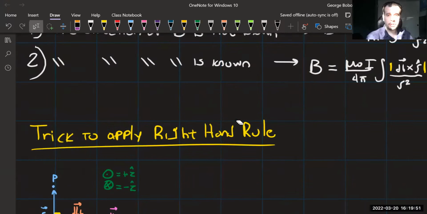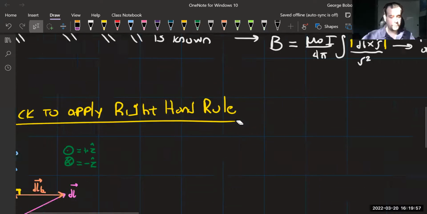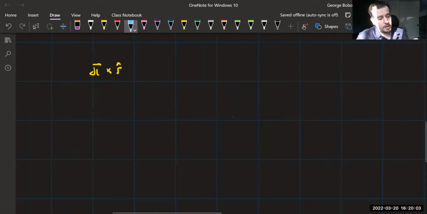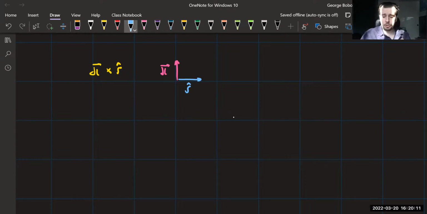Now, a little trick to apply the right-hand rule, because you might not even remember how to do it. Suppose you want to do dL crossed with r hat, and you've got your dL pointing this way. Let's say your r hat points this way. How do you do this cross product? I will leave the question open.